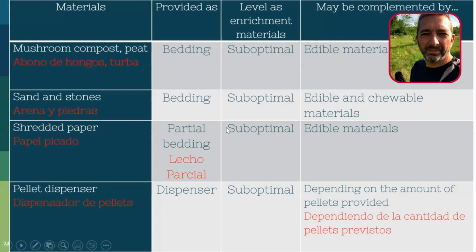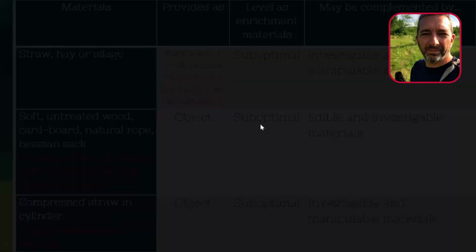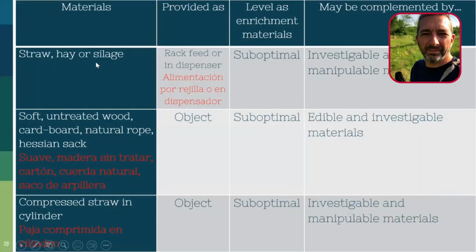And so where it's suboptimal, you need to be mixing and matching and putting in more than one of those enrichments to meet the four properties. We keep going down. Oops. This is putting straw, hay or silage in a rack. So that's another way that we can present it.